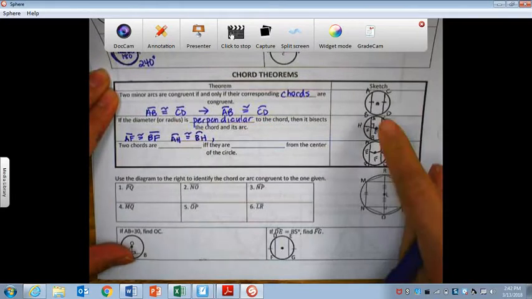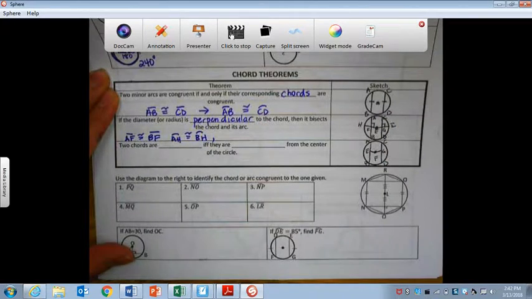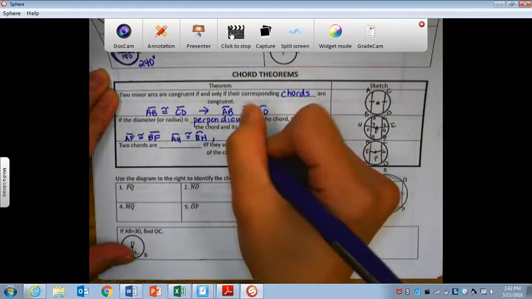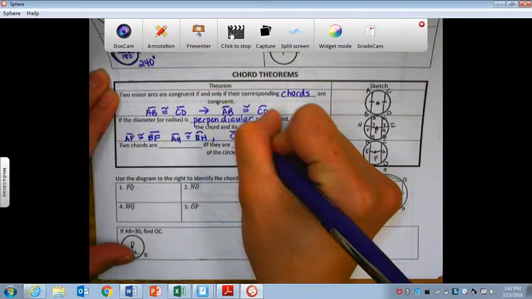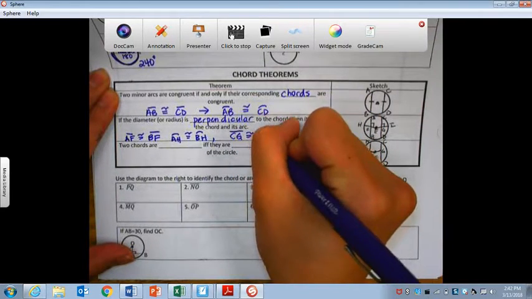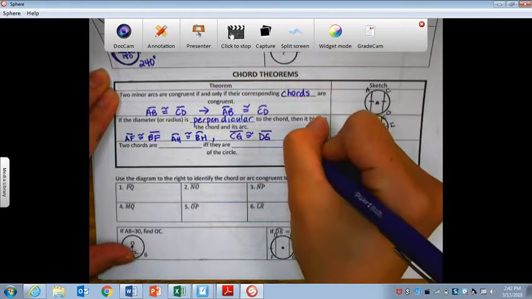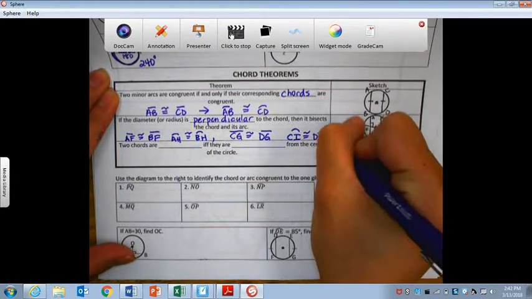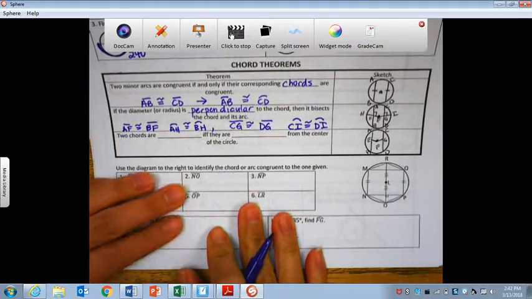On the other side, because they're perpendicular, CG is now congruent to segment DG, and arc CI is now congruent to arc DI. So there's that theorem.